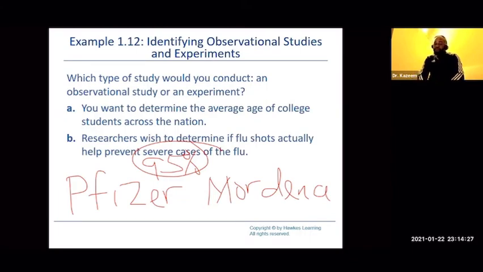Which means 5% caught COVID even after vaccination. And that is to tell you that the efficacy of the vaccine is not 100%. Okay? So that's an experimental study. In this kind of situation, you cannot just use an observational study.